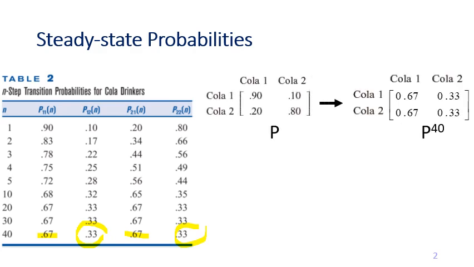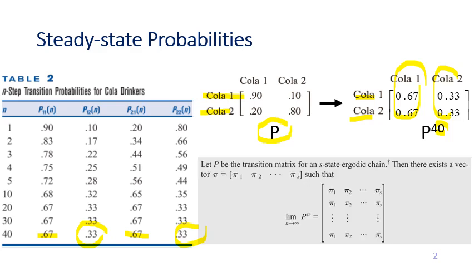In other words, the matrix looks like this. So this is the matrix P. You can see that the effect of what he or she is buying right now is large at first, but after 40 steps, it doesn't really matter whether he or she buys cola 1 or cola 2. The probability is 0.67 for cola 1 and 0.33 for cola 2.